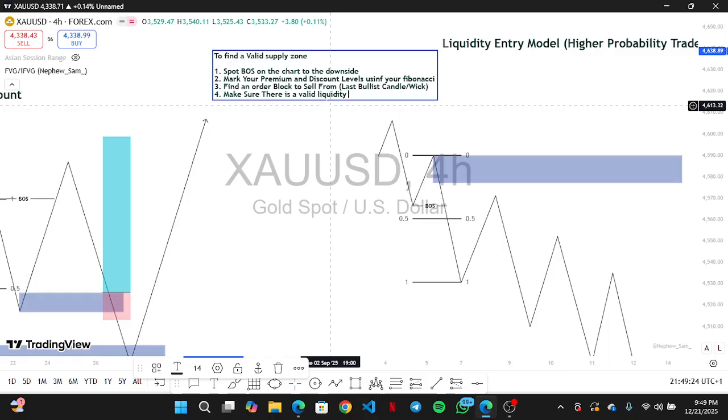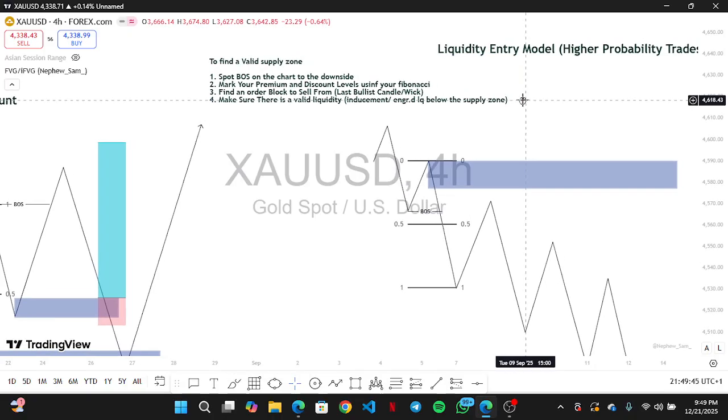It can be inducements, or engineered liquidity, below the supply zone. Either one of these two below the supply zone.